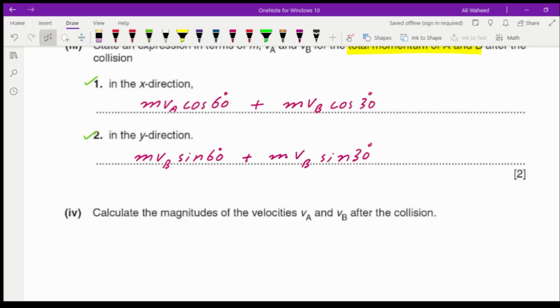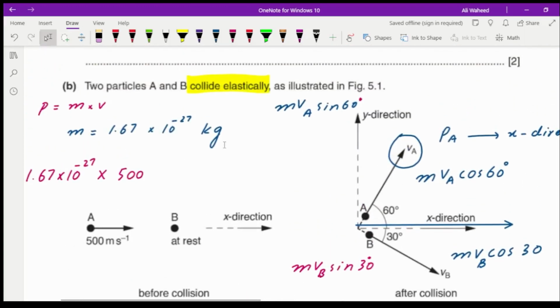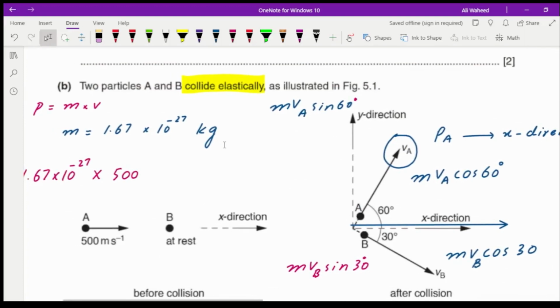The only tricky part is, now after the collision, the spheres or the objects are not moving only in x direction or in y direction. They are moving in the middle. So they are having 2D motion, two-dimensional motion. They're covering some distance in x direction and some distance in y direction.